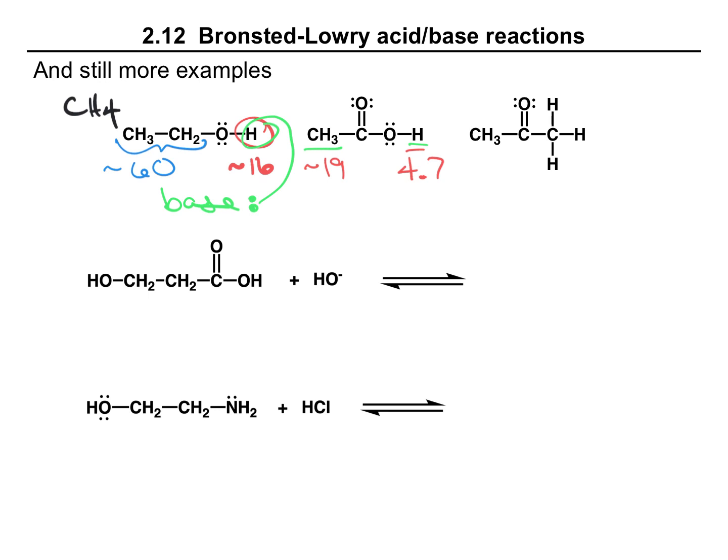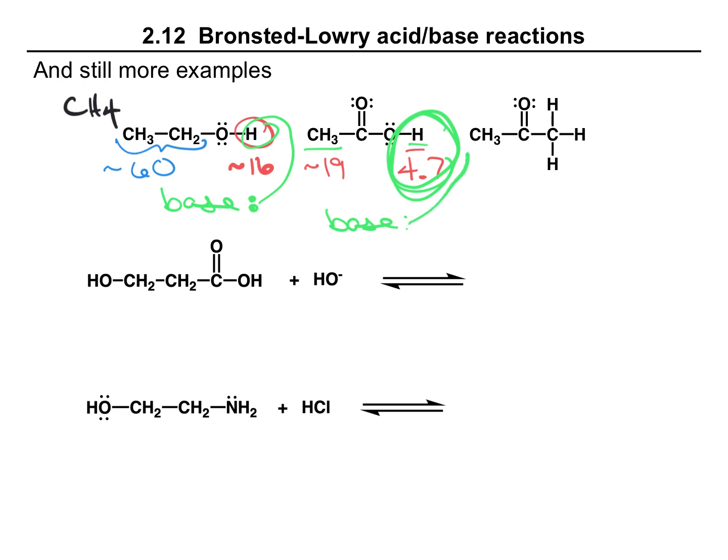If we compare this hydrogen to this set of hydrogens, we can see that these are definitely the most acidic hydrogens in this molecule. And so if a base comes along, it's not going to try to pull off these hydrogens. It's going to go for the easiest ones, which would be this one.